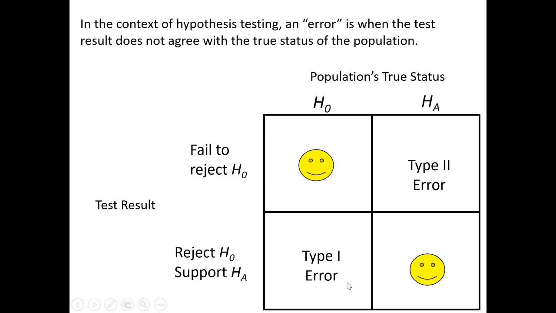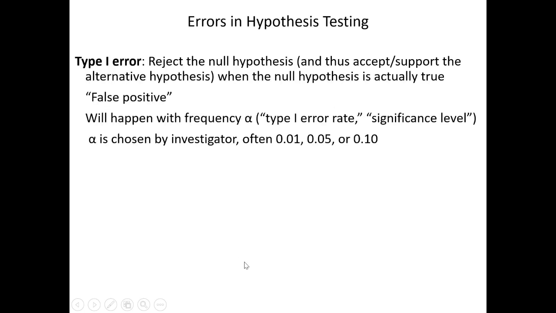Okay, so type 1 error is that the null hypothesis really is true, yet our test rejects that. All right, so this can be thought of as a false positive. We think that something's going on, but really it isn't. The nice thing about this error, though, is that we get to choose at which relative frequency we're willing to accept that would occur.